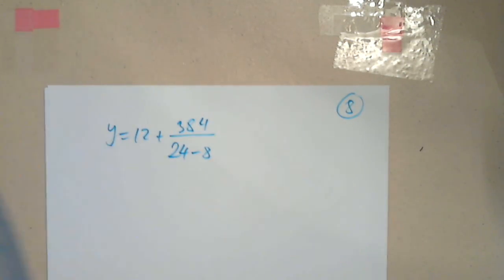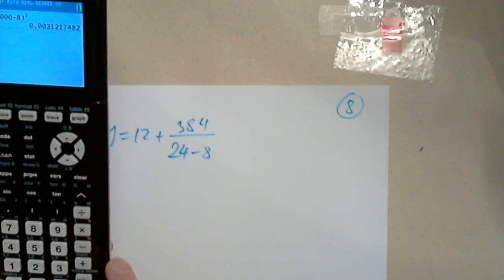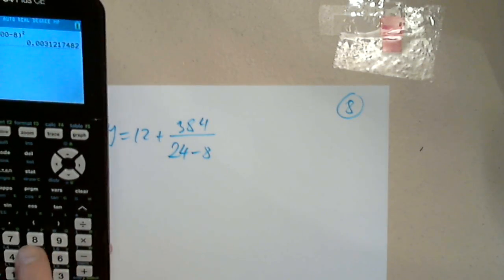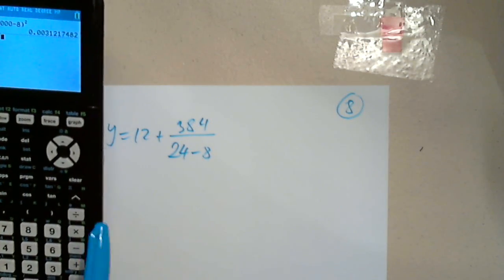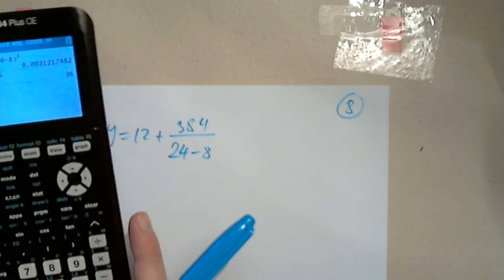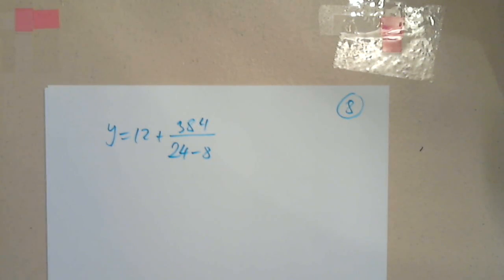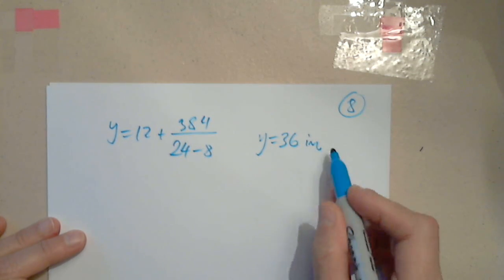So 12 plus 384 divided by 24 minus 8, which is 16. And I got 36 inches.